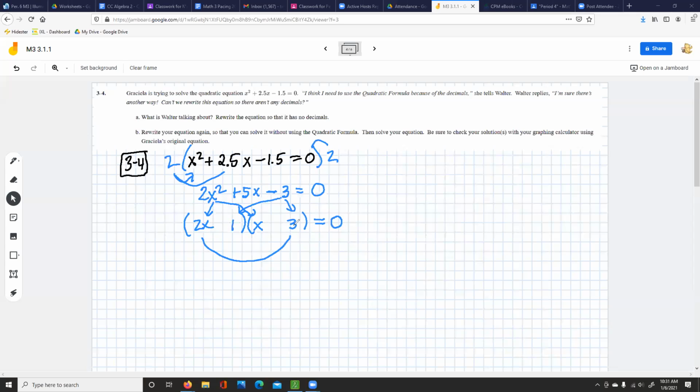That's why I know the 3 has to be over there, because 2 times 3 is 6, right? That's 6x. And since I want a positive 5x, I want this to be positive, which means this is positive. And this will be negative because I need a -3, and a -1 times +3 is -3. Okay, so that's our factoring.